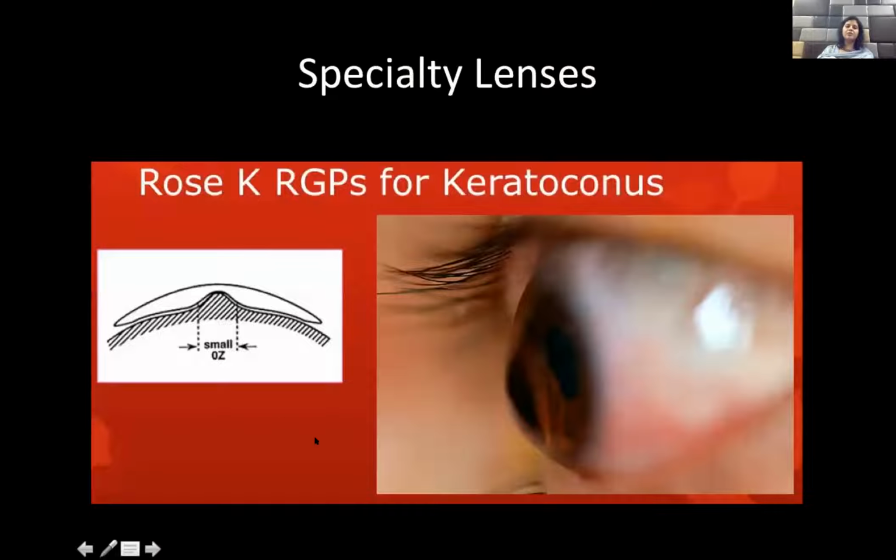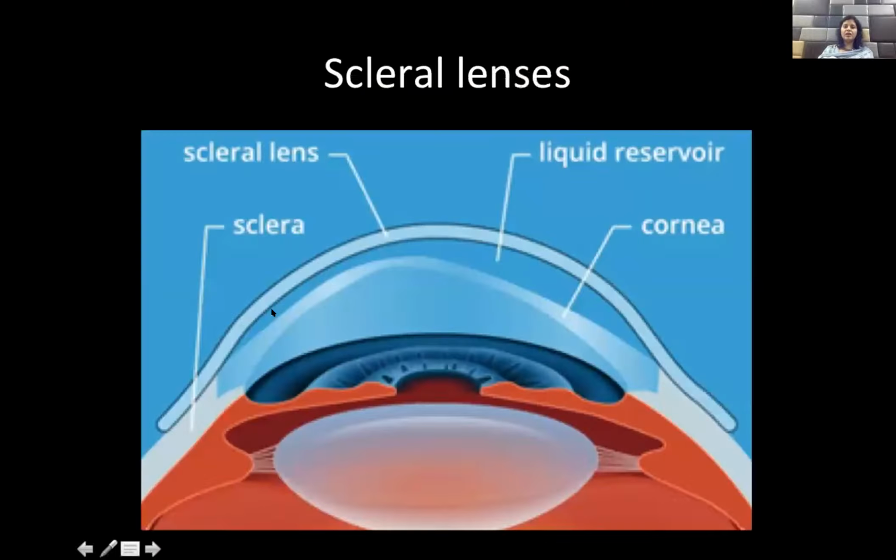So let's look at some pictures. So this is a Rose K rigid contact lens, and it is a specialized lens for keratoconus. And this is a scleral lens, which is used for the most severe cases. And you can see that this lens is resting on the sclera.